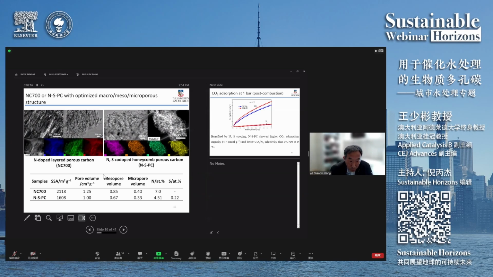For the nitrogen precursor we use urea, and we can also use a nitrogen and sulfur precursor. So basically with these two different precursors, we produce nitrogen doped carbon, and also nitrogen and sulfur co-doped carbon.